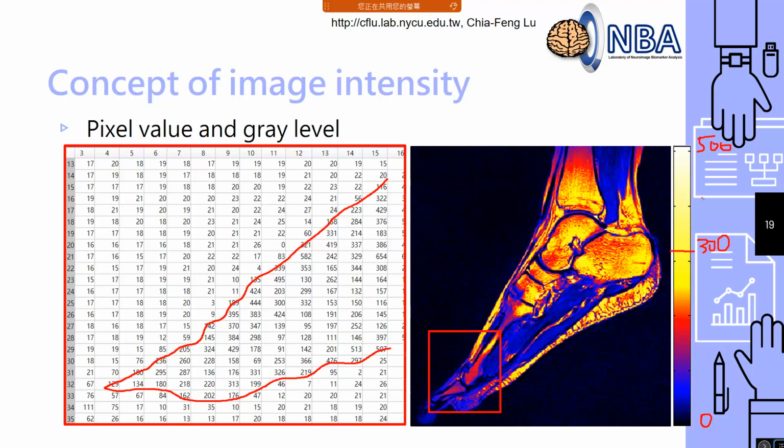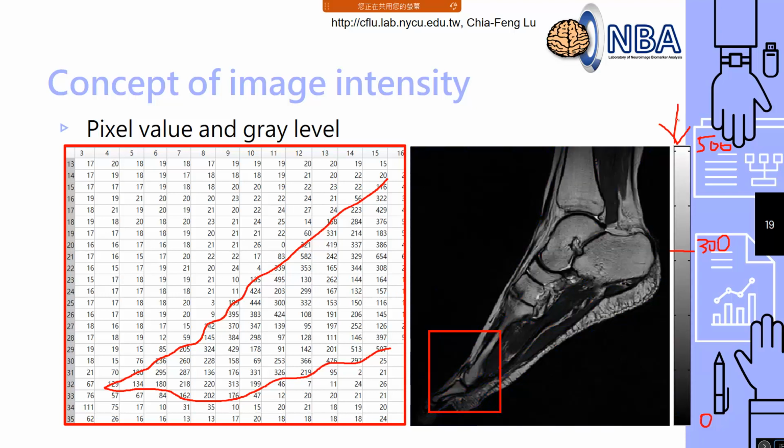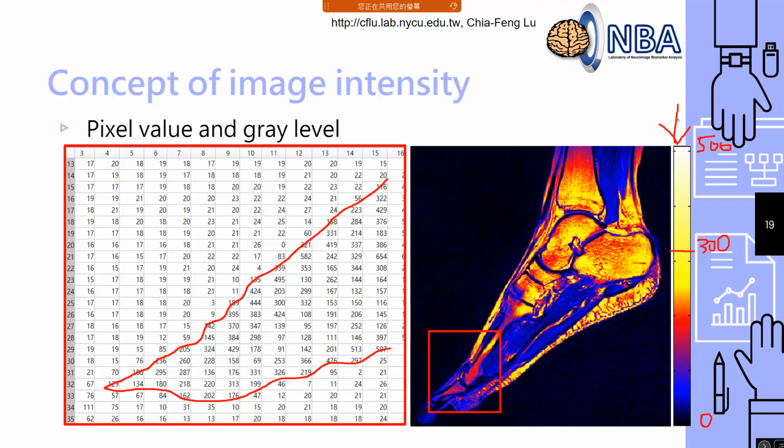Okay, so the key is this one. Can you provide a proper color map to help you actually observe the medical imaging? So think about this. For this example right here, the ankle MRI, do you like this one, grayscale, or maybe this one? Which one do you think can really help you to differentiate different tissues?